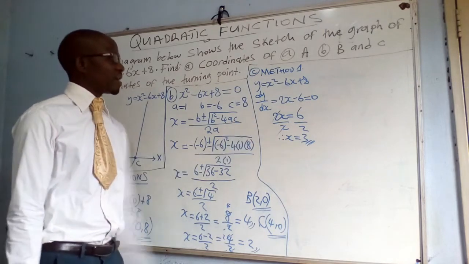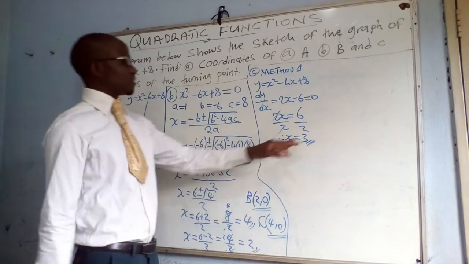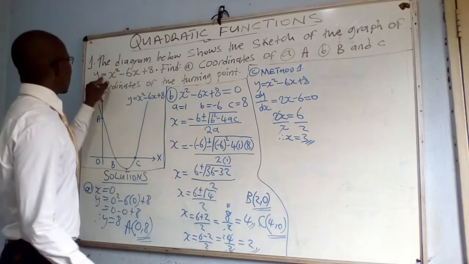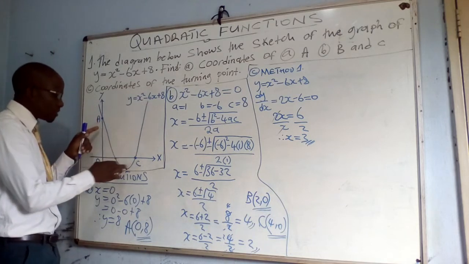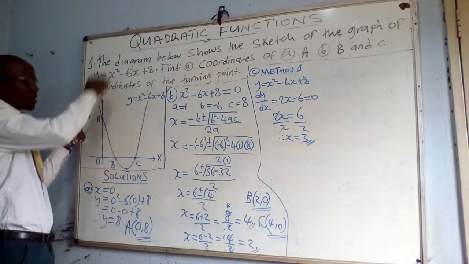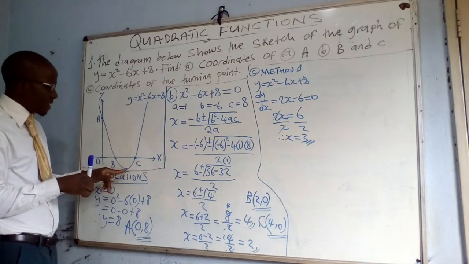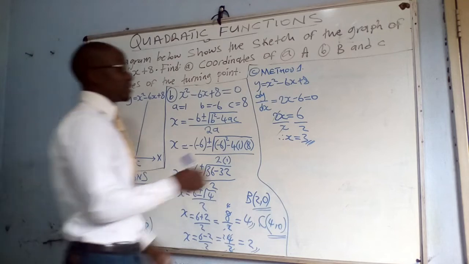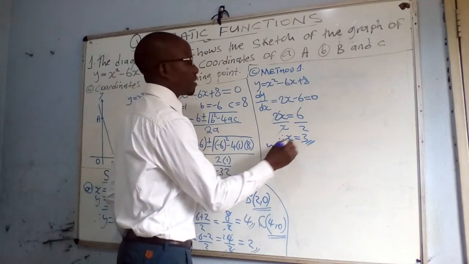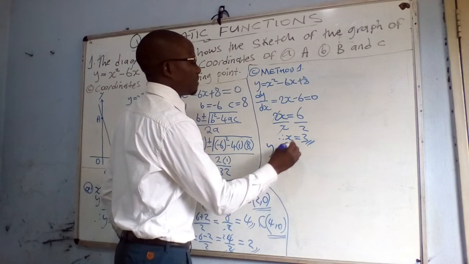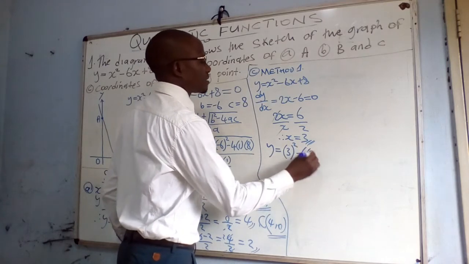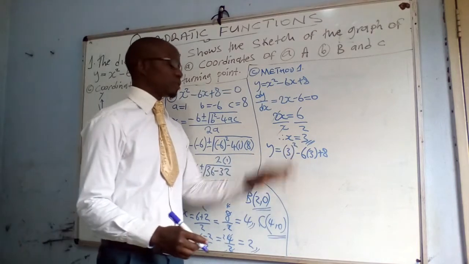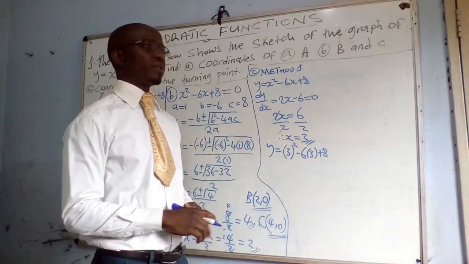Now, we have to find y. So if x is equal to 3, using this function, which is the one that we have used to plot this, it means it also passes along that point. So at a point where x is equal to 3, what is the value of y? Substitute into that one. y is equal to 3 to the power 2 minus 6 times 3 plus 8. 3 to the power 2 means 3 times 3, which is going to give you 9.